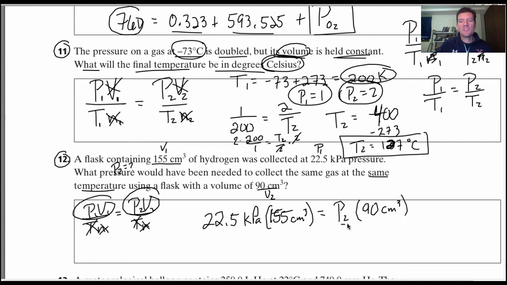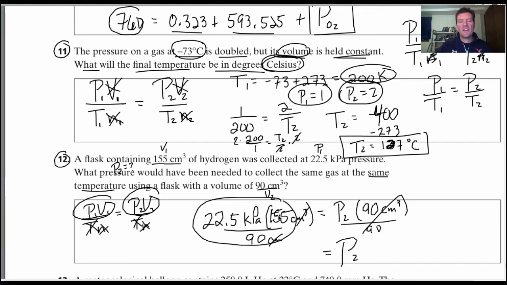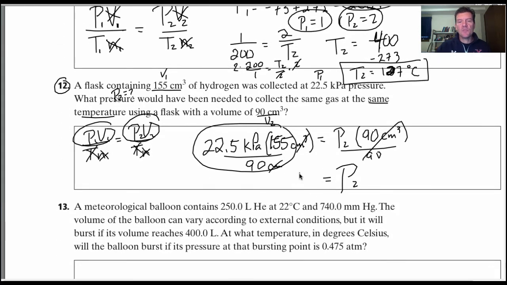So you just divide both sides by 90. Cubic centimeters will cancel, and you'll have your new pressure when you take 22.5 times 155 divided by 90, and your answer will be in kilopascals. Okay? You can do that.